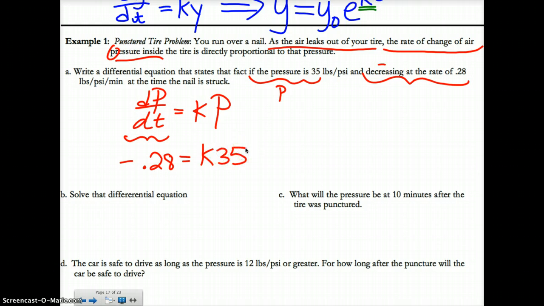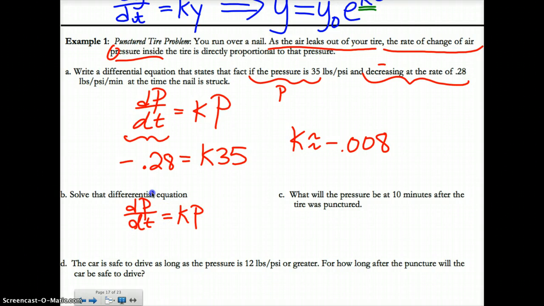So really what they're trying to do is tell me what the k is. If I divide both sides by 35, I get k is about negative 0.008. So they gave me enough information to solve for k. So my differential equation is dP/dt is equal to kP.